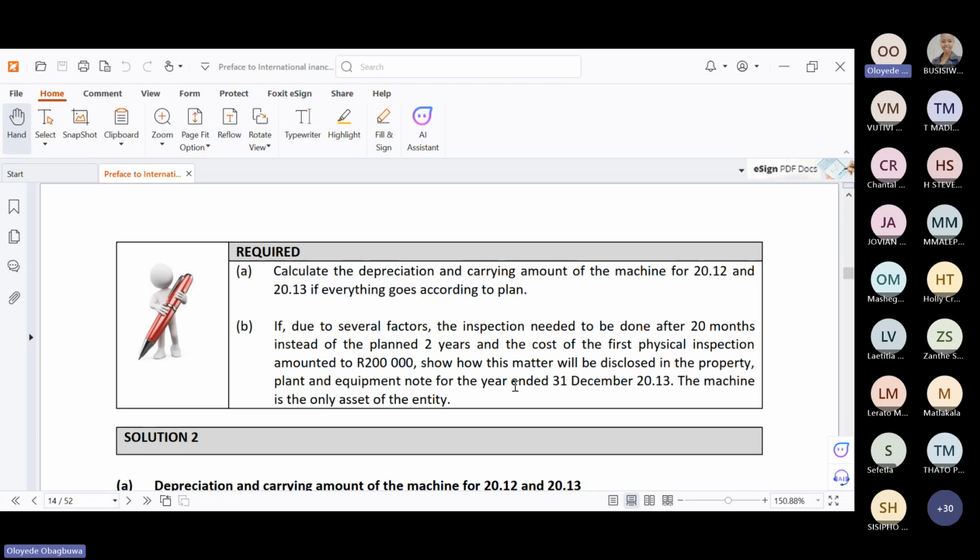So it's no longer up to 2 years anymore. And the cost of the physical inspection amounted to 200,000. Show how this matter will be disclosed in the property, plant, and equipment note for the year ended 31st December 2013. The machine is the only asset.